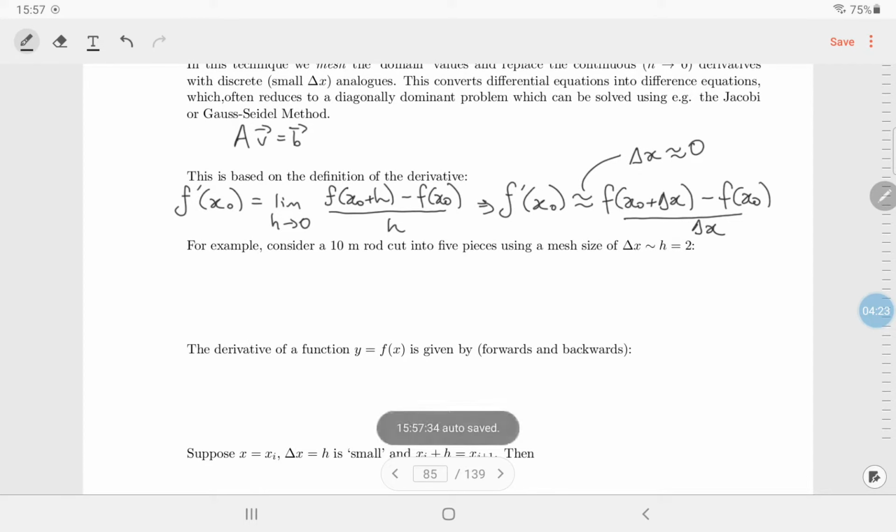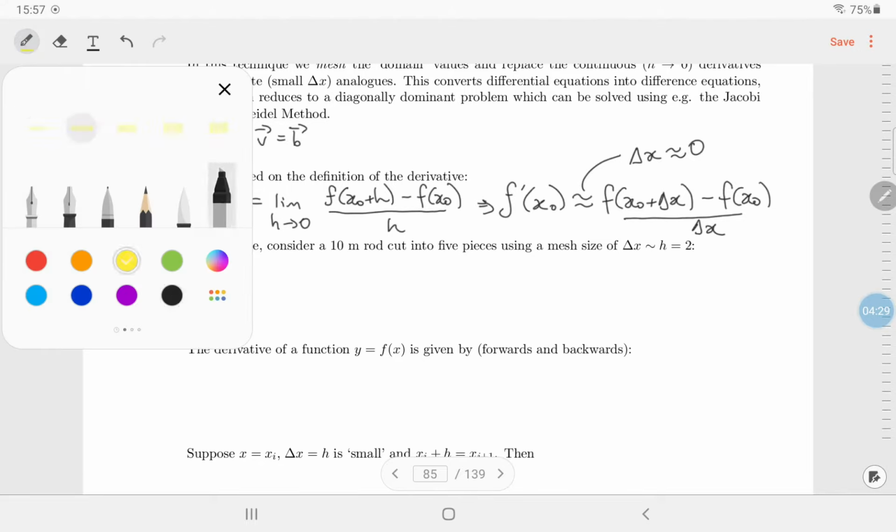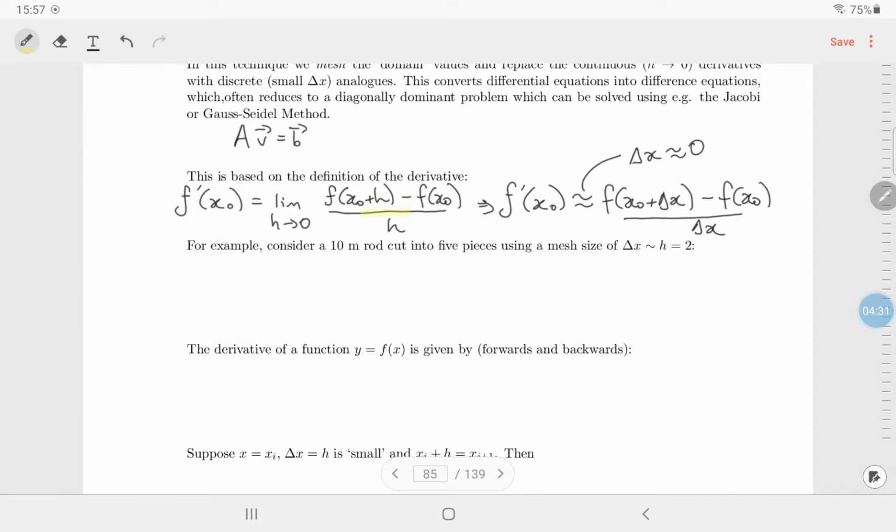Just think about what the thing on the left says. Look at this quotient, this fraction. As h gets smaller and smaller, it gets closer and closer to a specific number, the derivative, the slope of the tangent. So what if you start with h equal to 1, and just imagine h getting smaller and smaller?